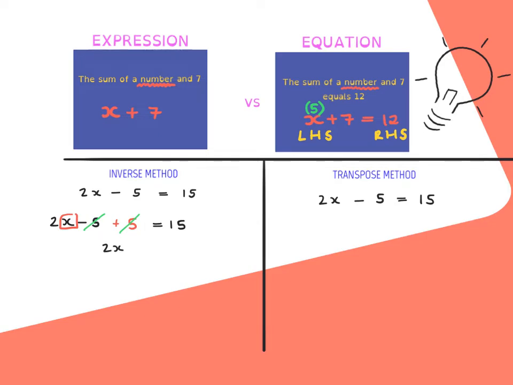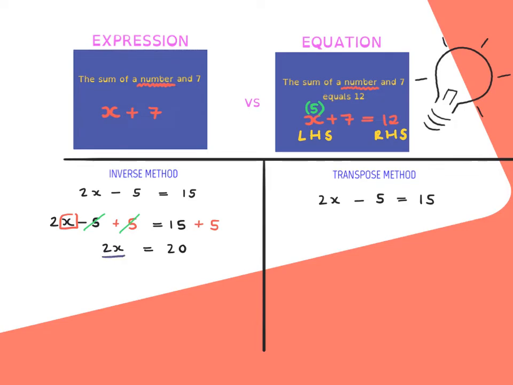But I did say earlier that if I add a term to the left-hand side, as I did now, I need to add that exact same term on the right-hand side. So on the right-hand side, 2x is equal to 15 plus 5, which is 20. Now I need to isolate x. I don't want 2x, I want 1x.